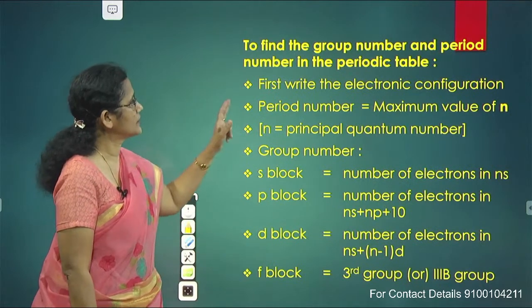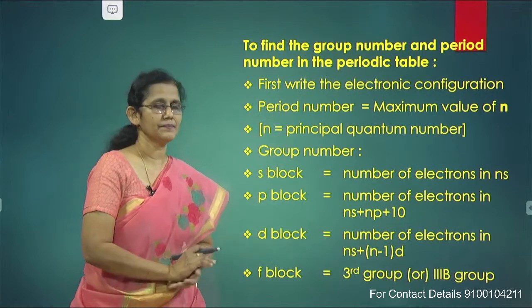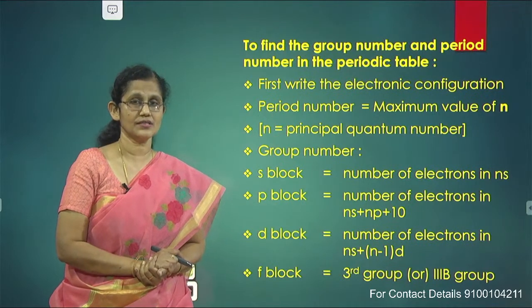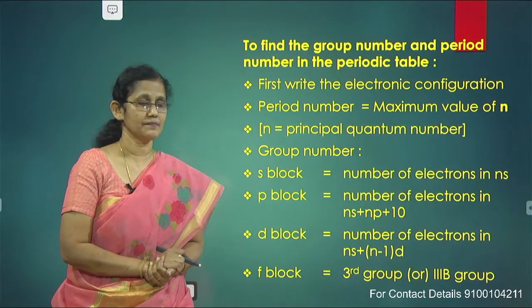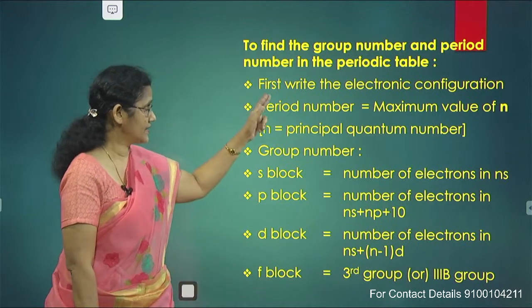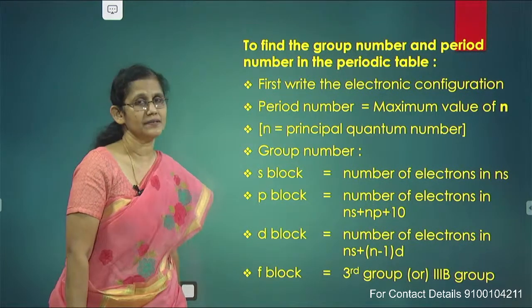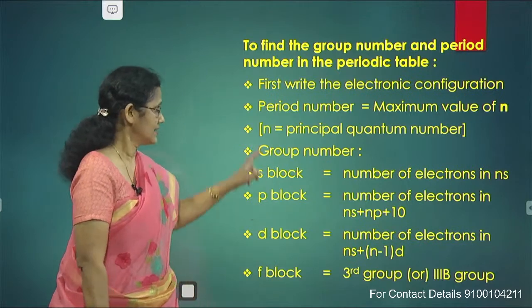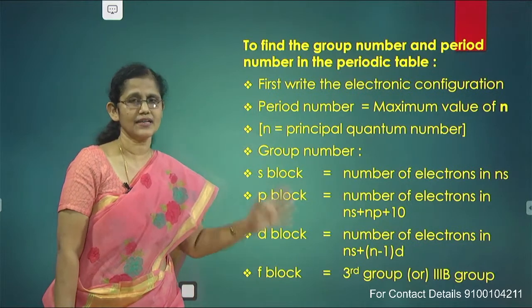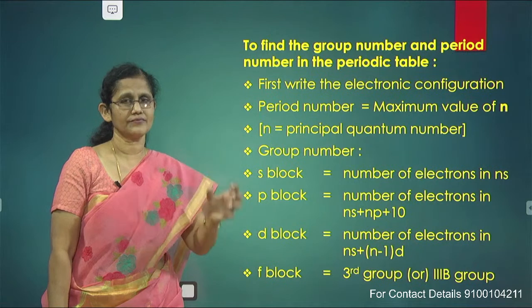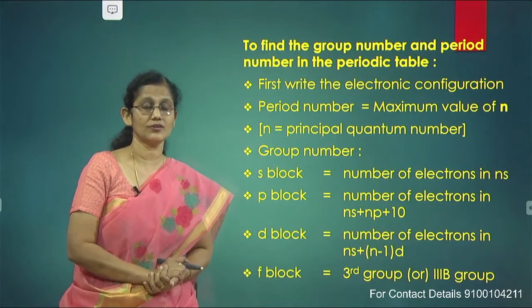Now, how to find the group number and period number in the periodic table. It's a very interesting question, very important for objective purposes also. Observe here: whenever they give one element, first write the electronic configuration. How to write it?